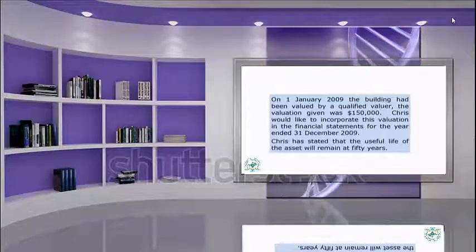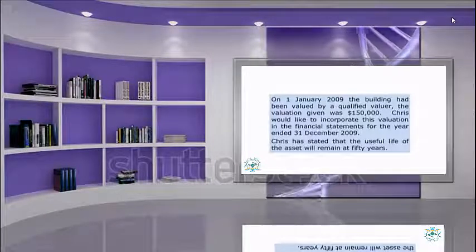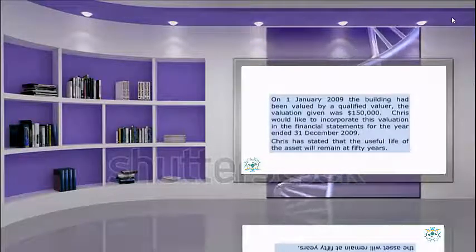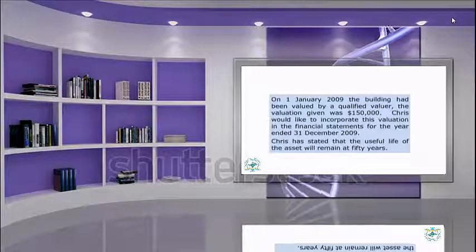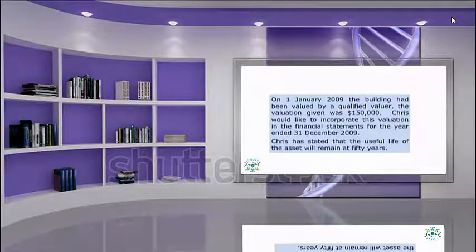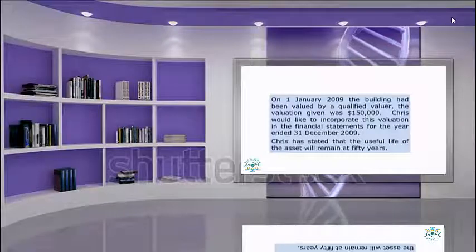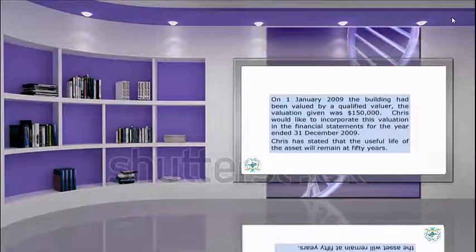Carrying on then, on the 1st of January 2009, the building has been valued by a qualified valuer. The valuation given was $150,000. So 1st of January 2009 is the date of the revaluation, bearing in mind that we purchased the building on the 1st of January 1994. So how many years later is this revaluation?